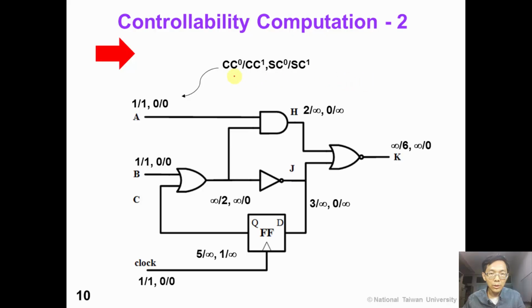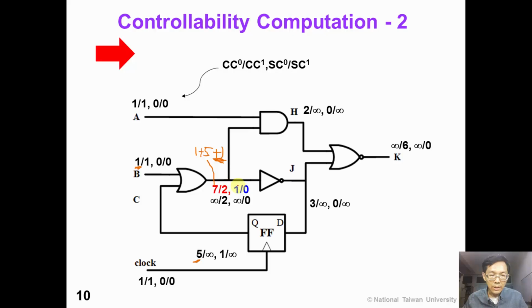Given the initial values from the first iteration, we can now do the second iteration. CC0 of the output of the OR gate is now 7, which is 1 plus 5 plus 1, which represents the OR gate itself.